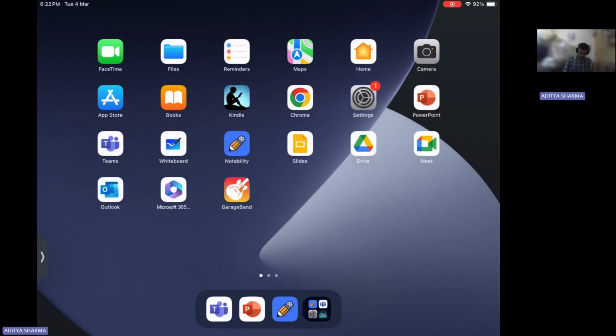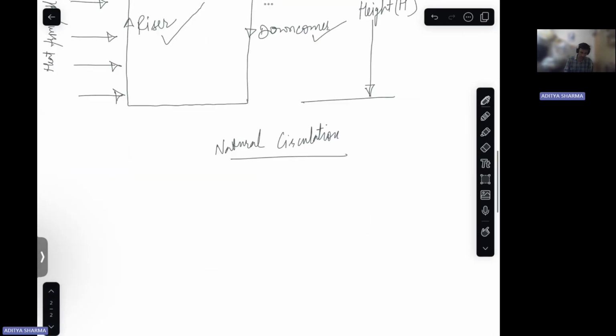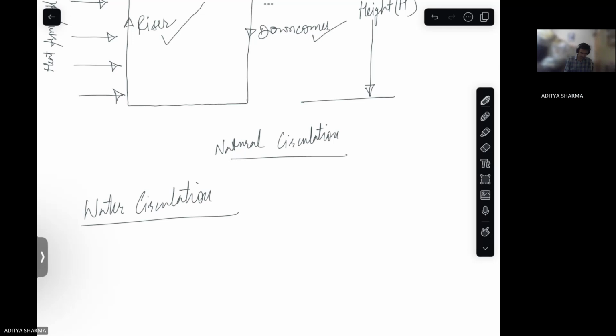So this is your steam drum, and if you talk about water circulation, it takes place in water tube type of boilers. But if you see your once through type of boilers that are used for your supercritical conditions, right?